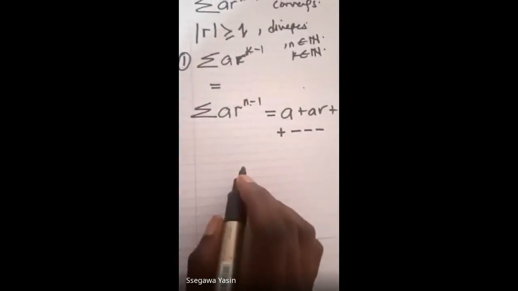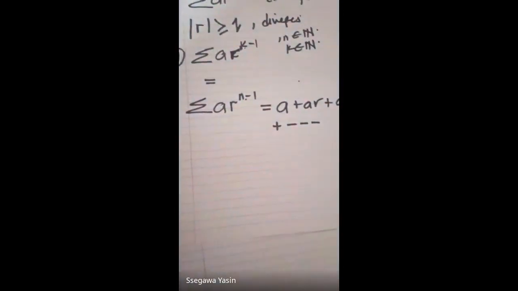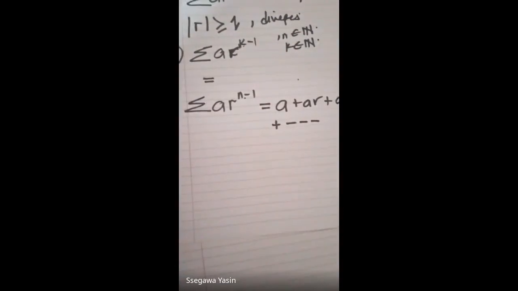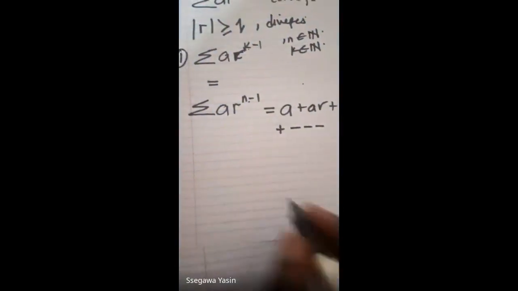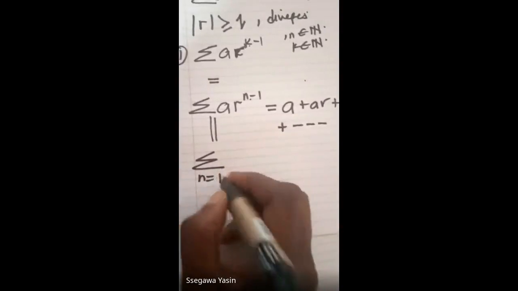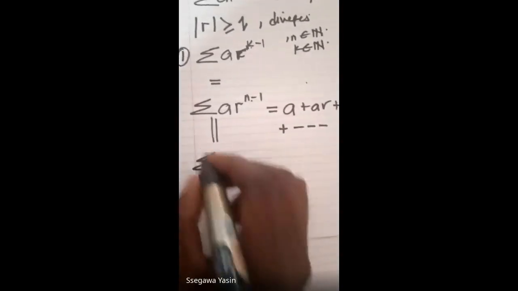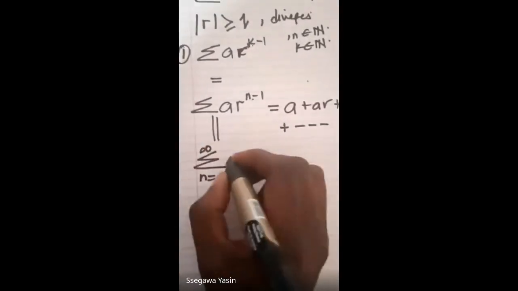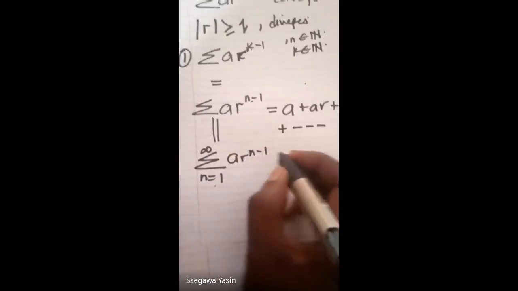Specifically, now look here, please. If I change this component for the sum, and I think about another way of writing it, I will say, remember, if I write like this, then it implies that N is equal to 1. The range 1 to infinity, and this is A R^(N-1).